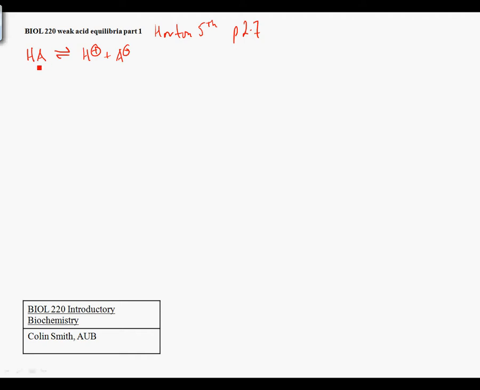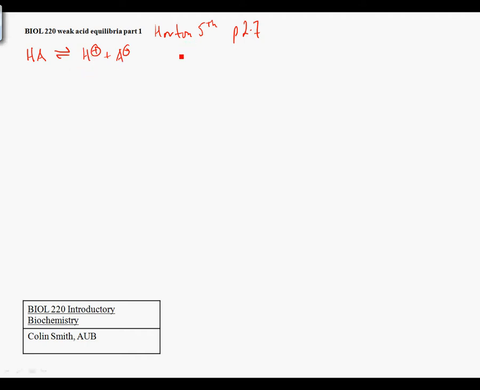But in the case of a weak acid, the ionization is incomplete. Many biochemical species are weak acids, and we need to have a good grasp of this concept of weak acid equilibria and pK so we can understand what charges exist and how enzyme mechanisms work.